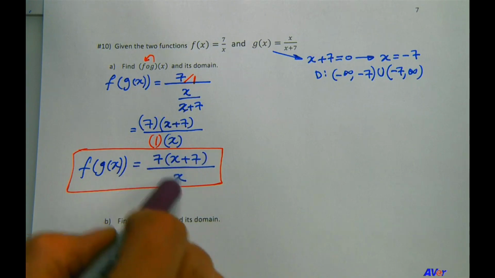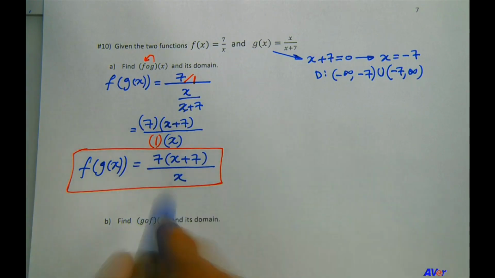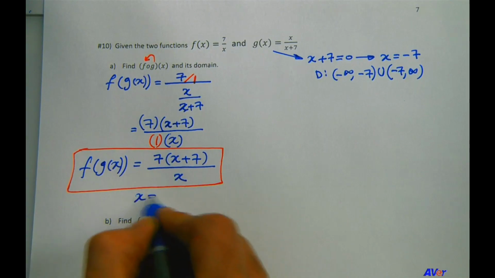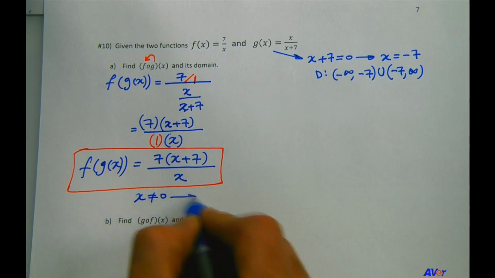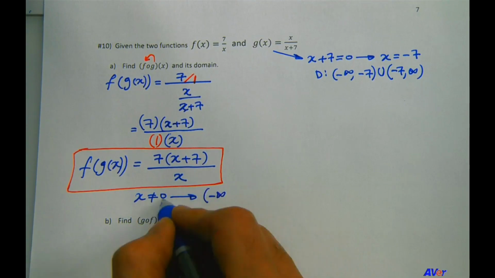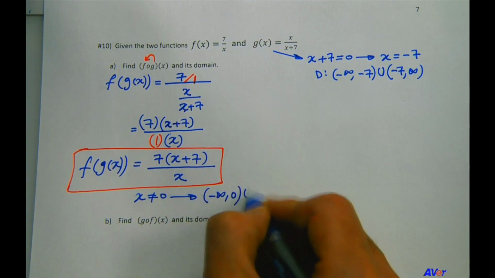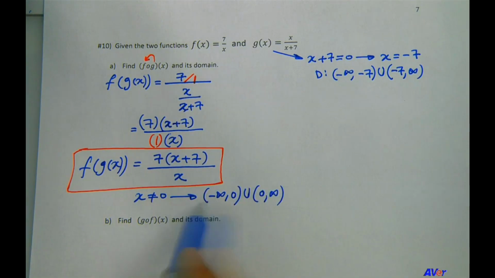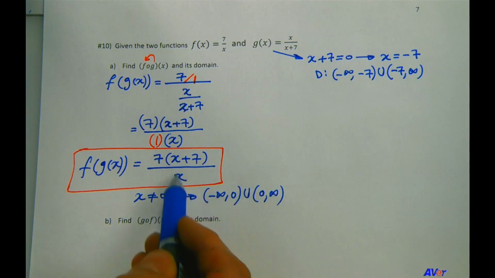But this x here means that x cannot be equal to 0. So because of that, the 0 should be excluded. What I've said here in interval notation means simply that we exclude 0.